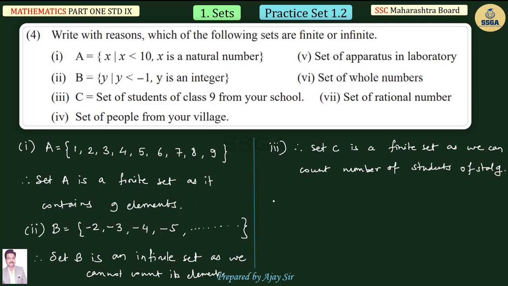Similarly, fourth, the set of peoples from your village. In a particular village, suppose there are 10,000 peoples. So these numbers we can count, 10,000, 20,000. Therefore it is a finite set.